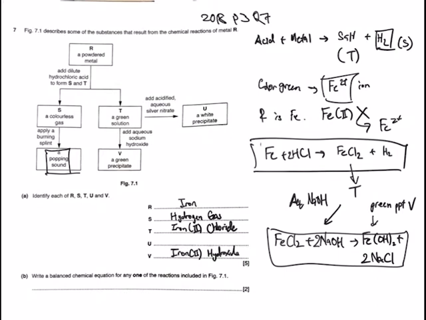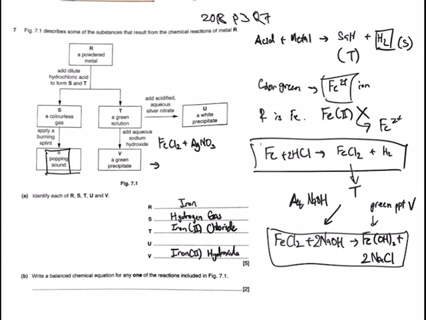That leaves us with the last one, substance U. Substance U comes from T, which is iron(II) chloride, plus acidified aqueous silver nitrate, AgNO3.